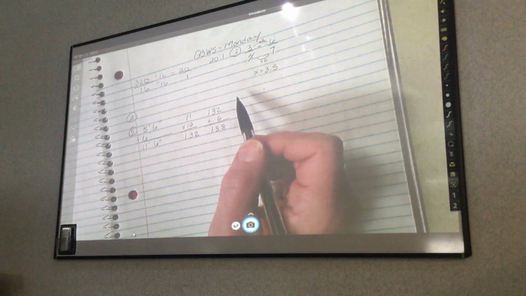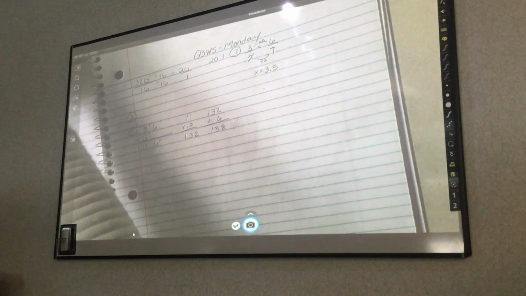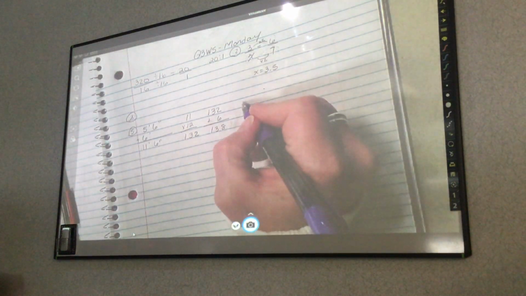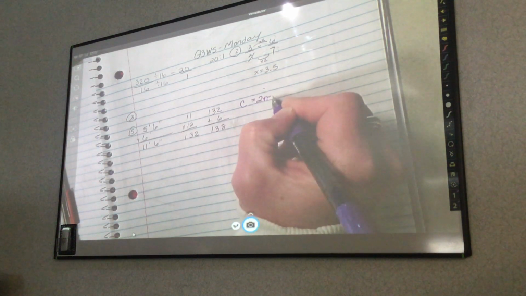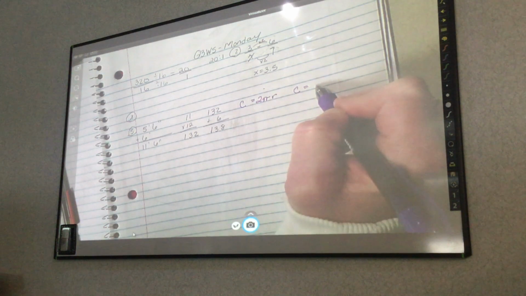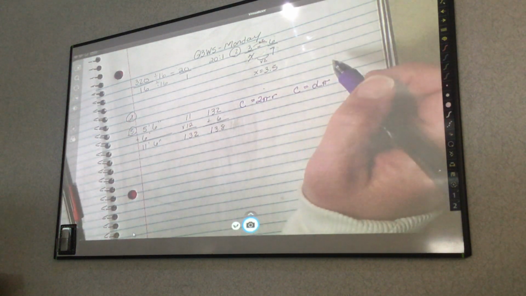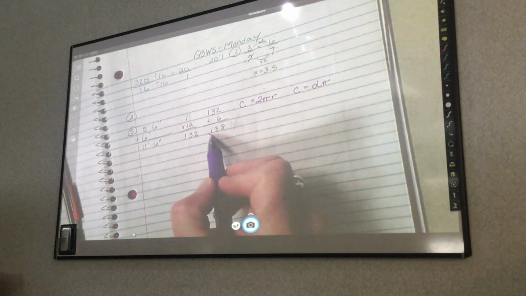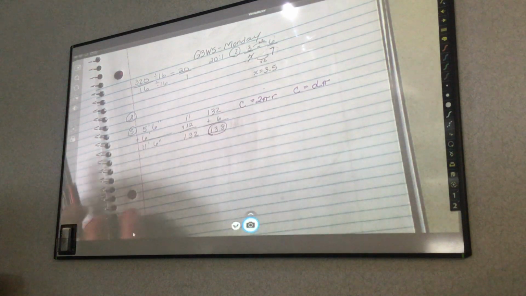So now I'm wrapping my arms around the tree. If I'm wrapping my arms around the tree, what am I trying to find? Circumference. Make sure you're writing the formula. Circumference equals 2 times pi times r, or circumference equals the diameter times pi. So the circumference is 138 because they wrapped their arms around the tree.